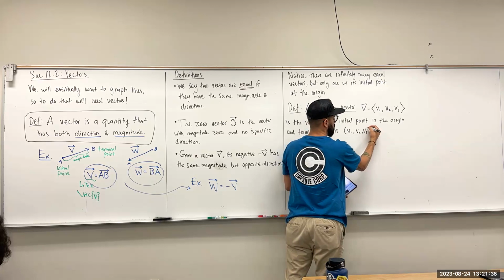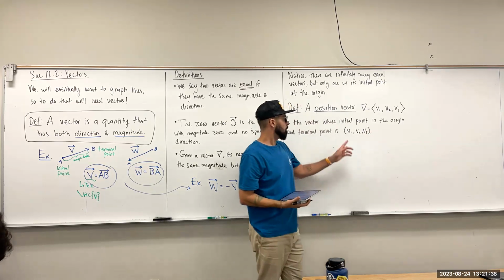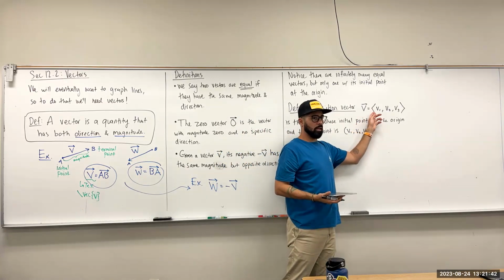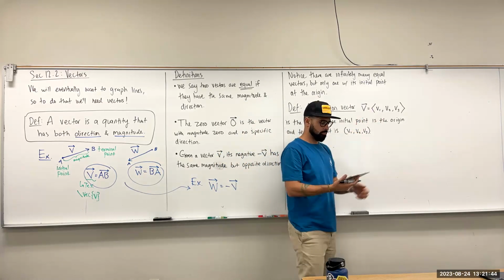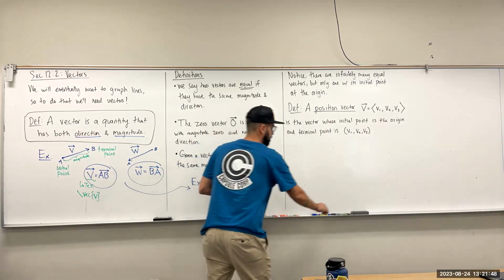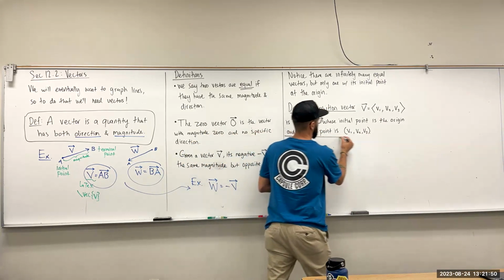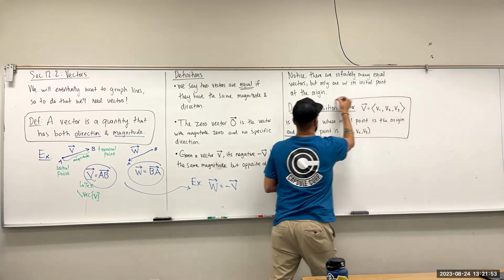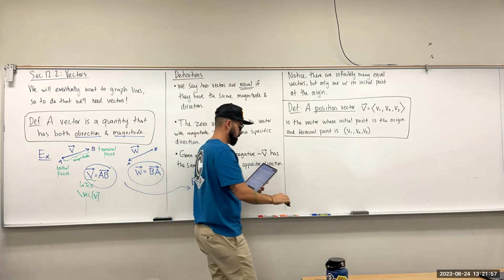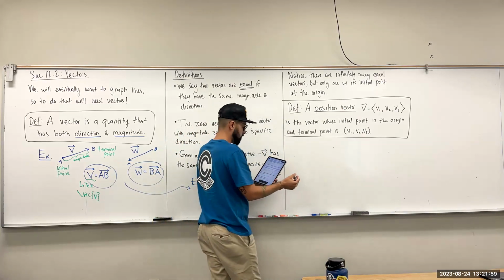So notice the notation that I'm using. If I put a parenthesis, I'm telling the reader point. If I put a vector bracket, I'm telling the reader vector. You guys are going to see these position vectors also. Let's draw a little picture here.